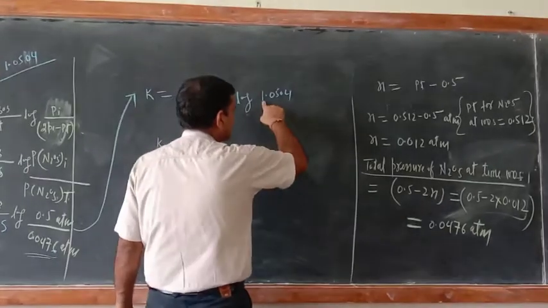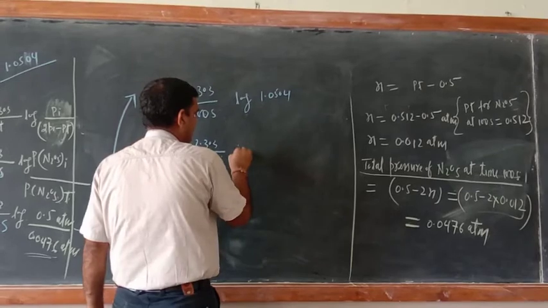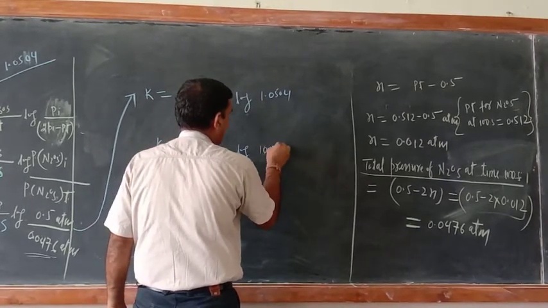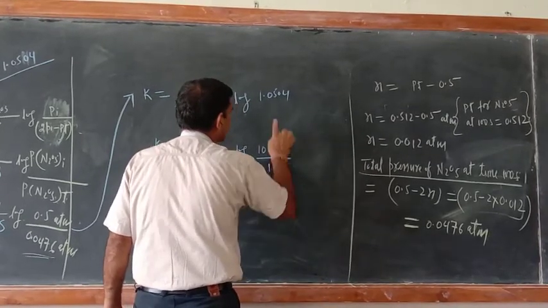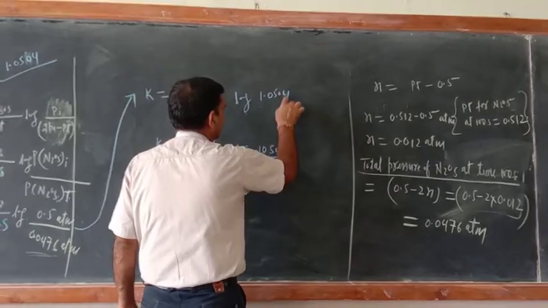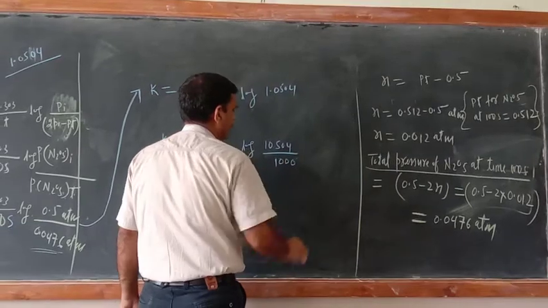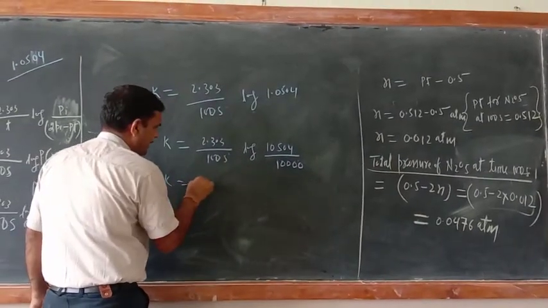The log value starts from 10, so you can write log 10.504 divided by... you want to move the decimal one place, 1, 2, 3, 4.